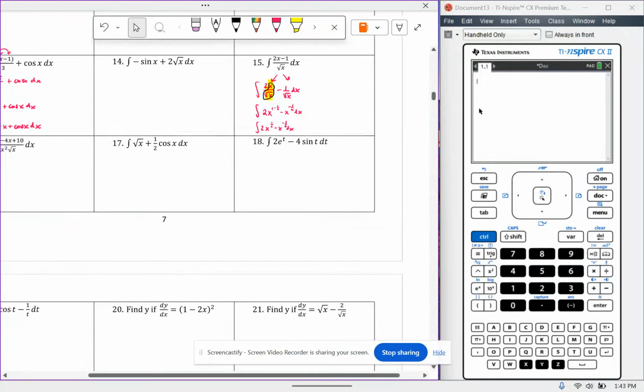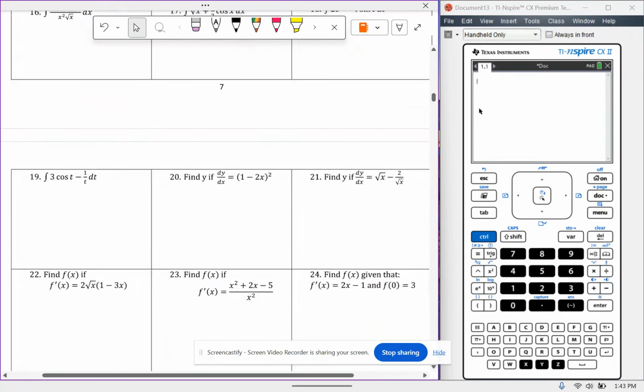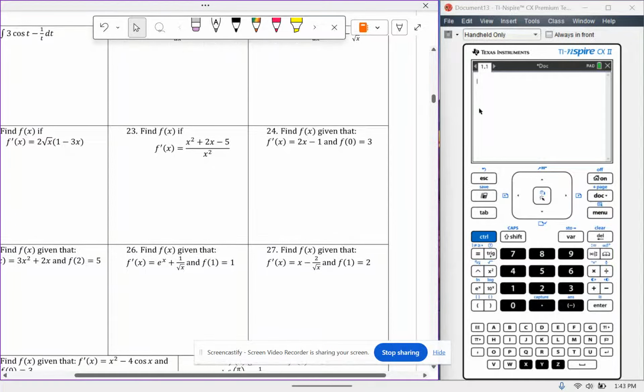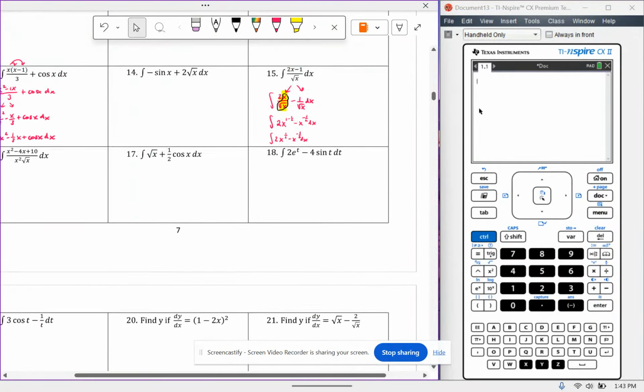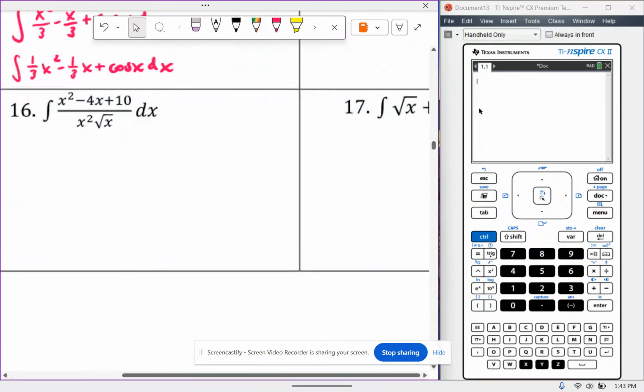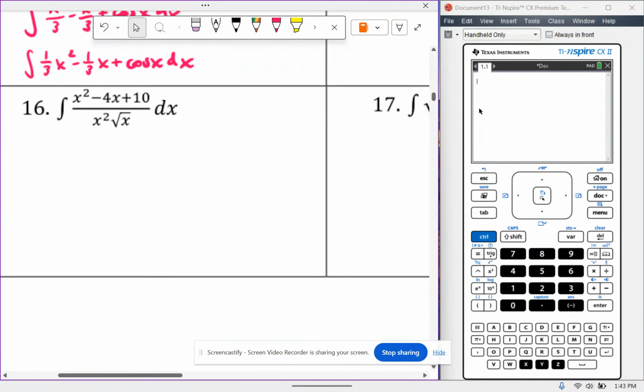Any other brain busters? The rest are just initial conditions. Right away, are you starting to see a pattern? If you've got denominators, what do you have to do? You have to split it up, right? So let's get a singular power down here. We know that x squared times the square root of x ends up being what?